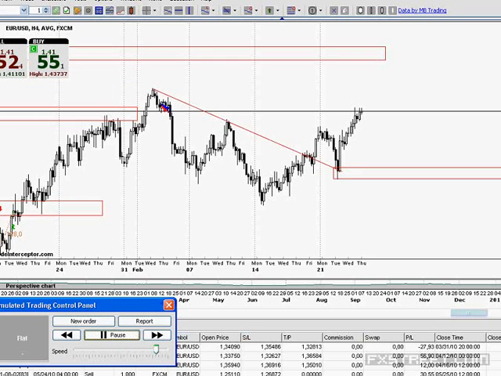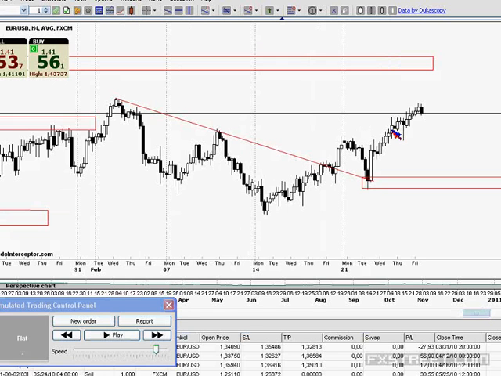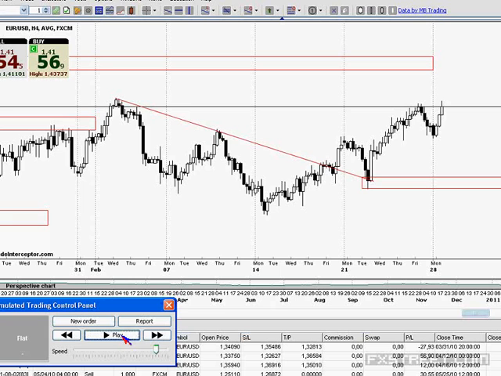There may be some reaction to this level here. We saw the spike. That spike here shows that price was picking buy orders from a lower level in order to reach a higher level, and again it was picking the same orders again on the same level.